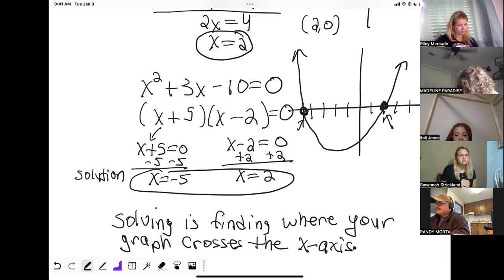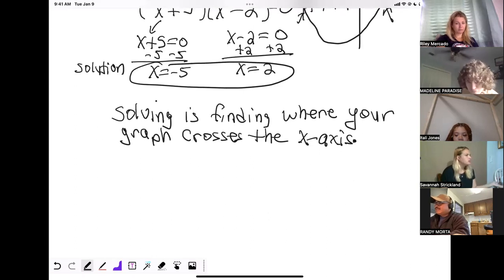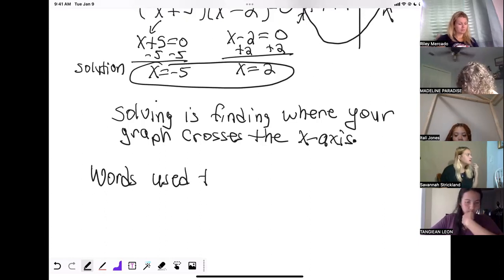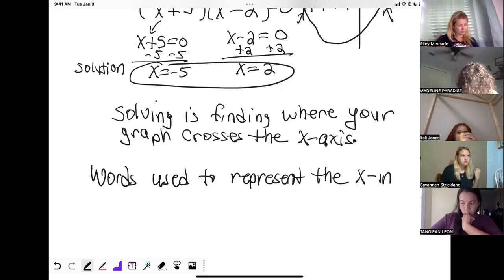We're going to actually do a couple of problems. So that's the procedure on how to do it. The one thing is, you're going to see these names used interchangeably. Okay, words used to represent the x-intercept.